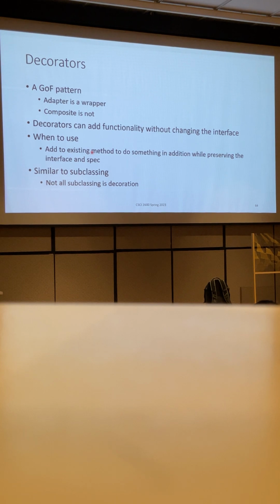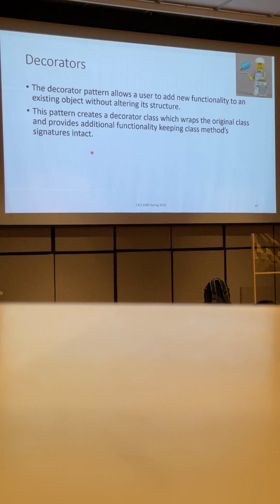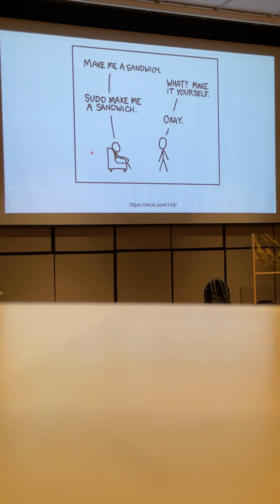All right, and decorators. So yeah, we've already talked about decorators, right? It's like a wrapper, but with added functionality. Here's another example, a sandwich. Right, so we can have a baseline sandwich, but we can add decorations to it, like cheese or salami or whatever you like on your sandwich.